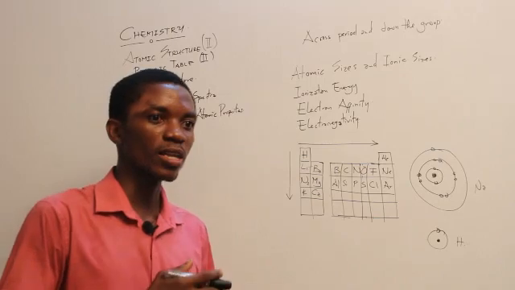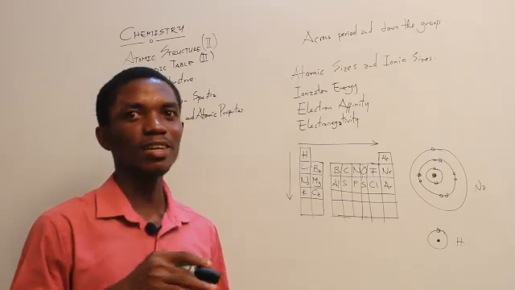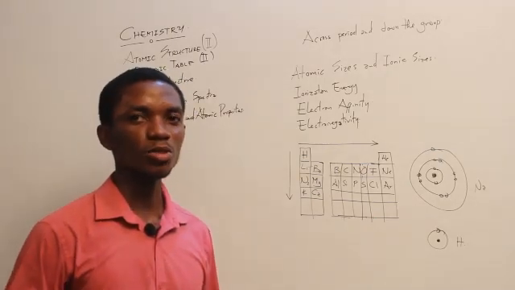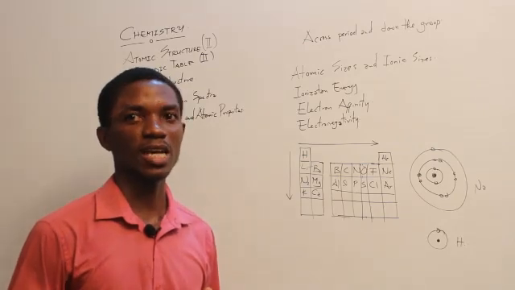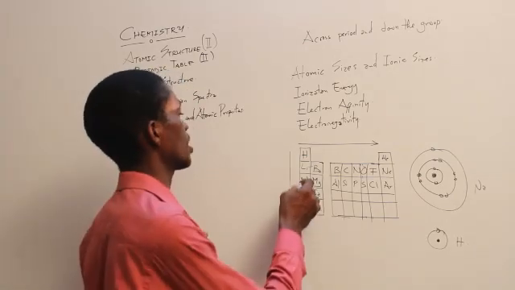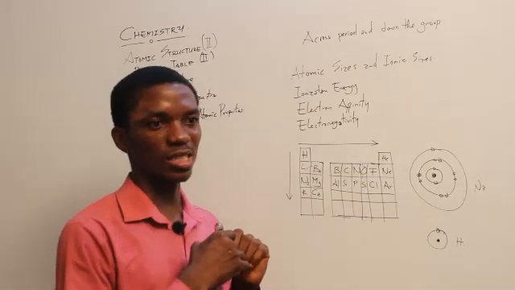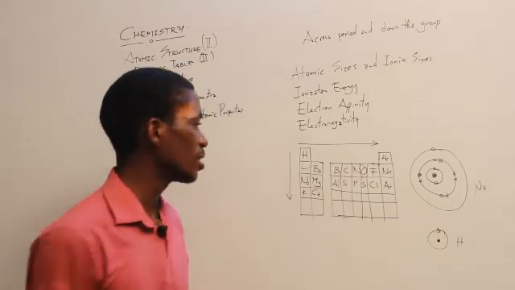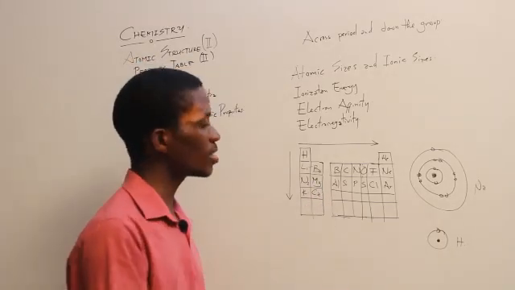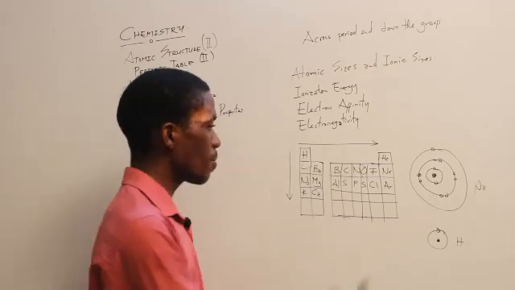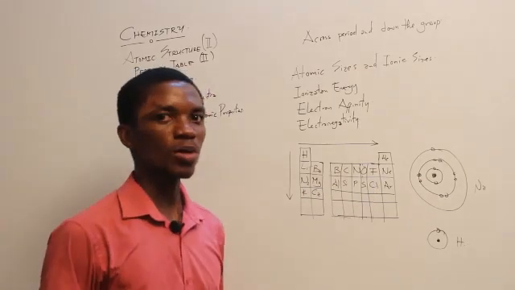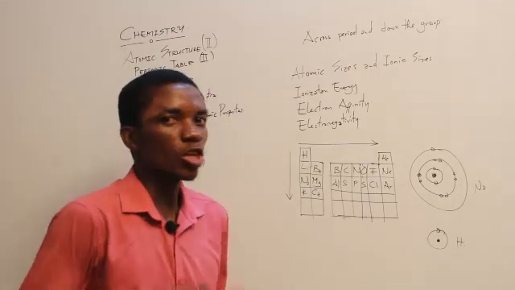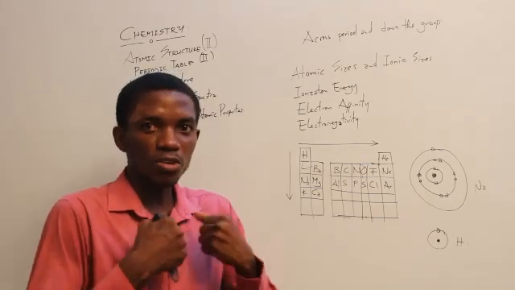The love for electrons just gradually dies. The love to let go, it just dies. Because this guy just wants to give it away at all costs. And this guy is willing to give, yeah, let's give. But by the time we get to this guy, he's not willing to give. He just wants to keep his own electrons for himself.